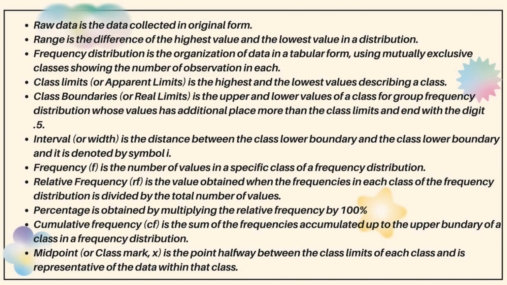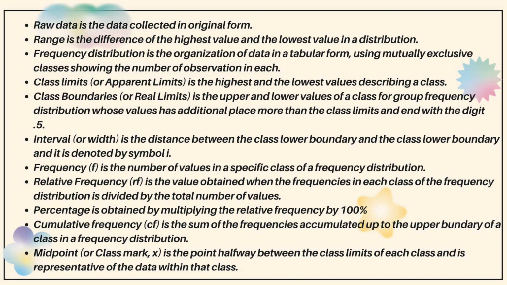Then frequency distribution is the organization of data in a tabular form using mutually exclusive classes, showing the number of observations in each. Next is the class limits. These are the highest and lowest values describing a class.